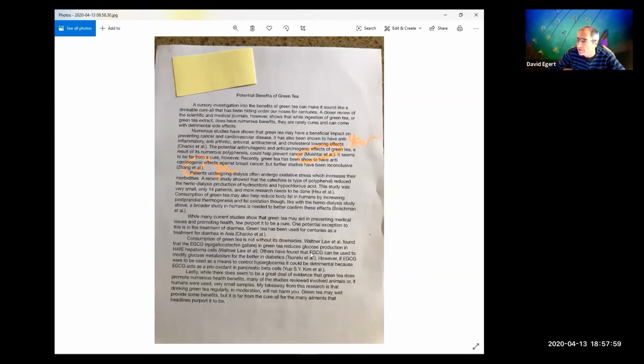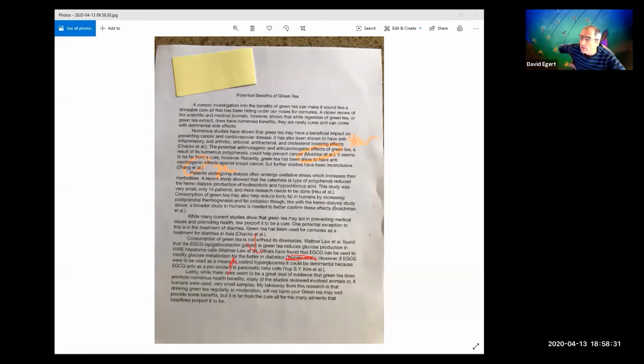Others have found that EGCG can be used to modify glucose metabolism for the better in diabetics, Tsunuki et al., but it just needs a year. Again, missing the year, which is not good, but giving specifics about what the study found, that is good.